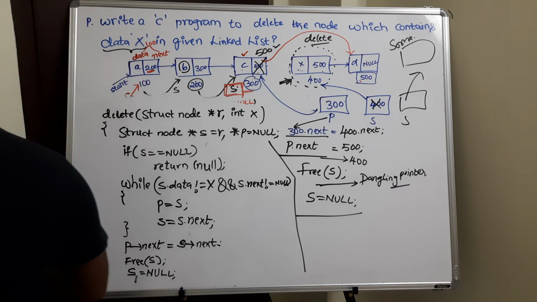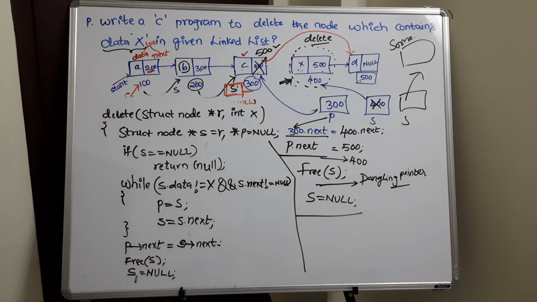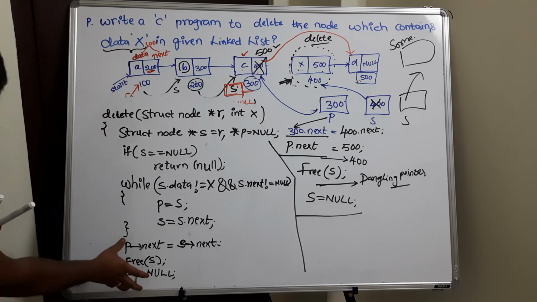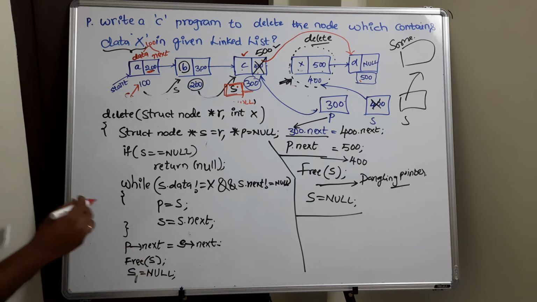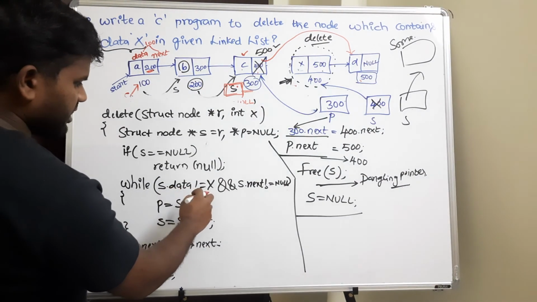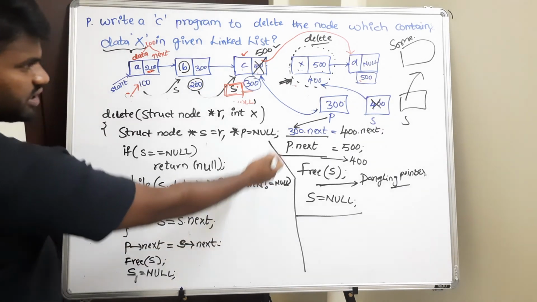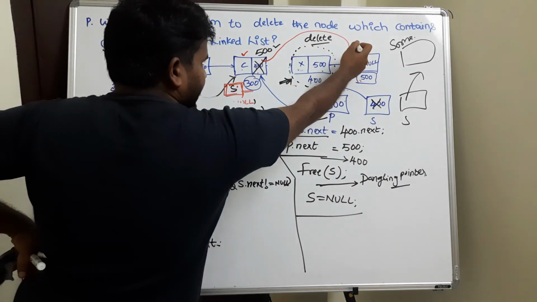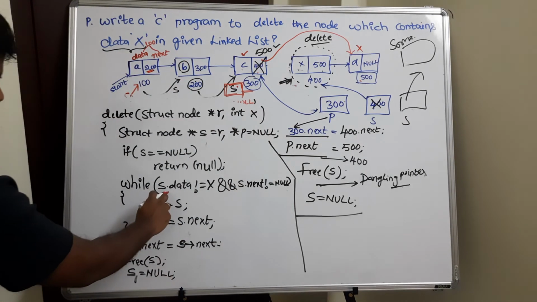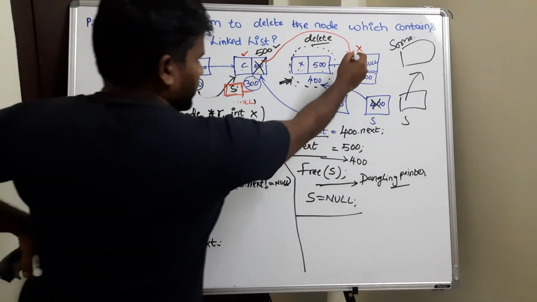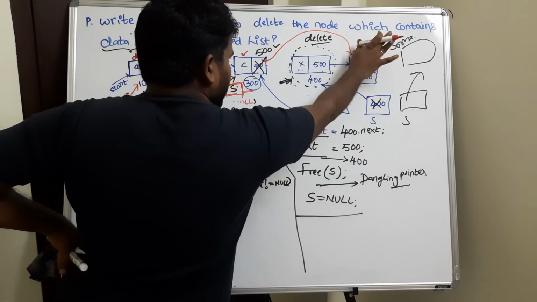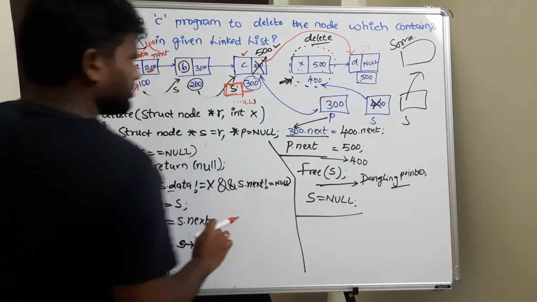We have discussed these things, right? So we found this one, but some other case will be there. We haven't found it and s is not equal to null, right? That means the last node maybe contains x, but this might not be true, or it might not contain x as well. So here the last thing we need to check is whether it is true or not.